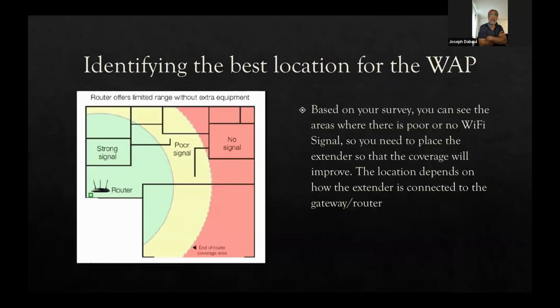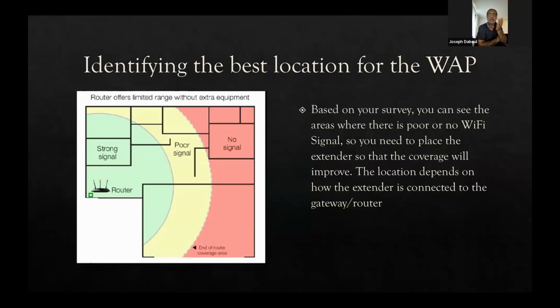And if we go to the next part, you will see that generally where it is within the house where the strong signal is, that green area, that would be somewhere in the vicinity of the router. But then again, how strong that signal is dependent entirely on the router Wi-Fi capability. That orange one, or the yellow one, I should say, that would be sort of adequate signal, mid-range.